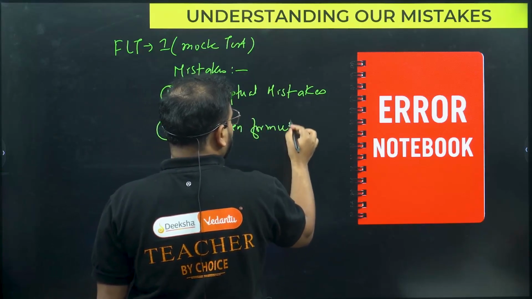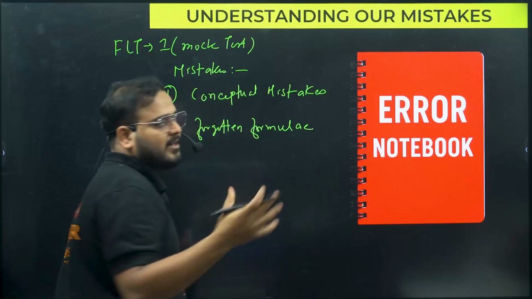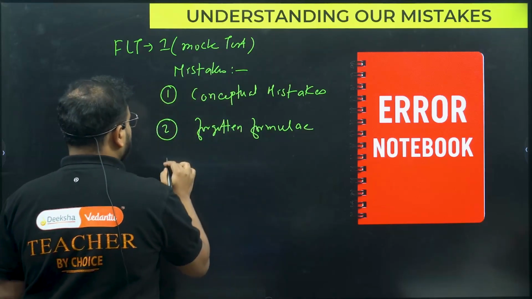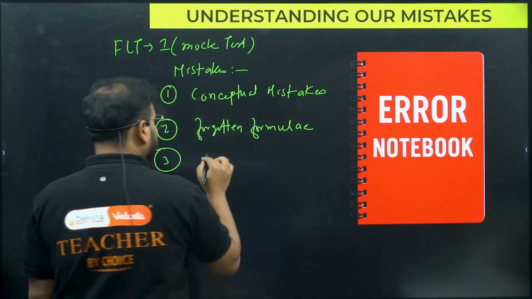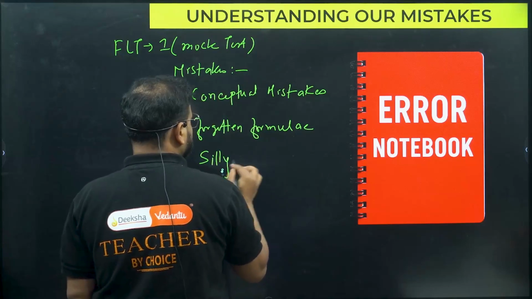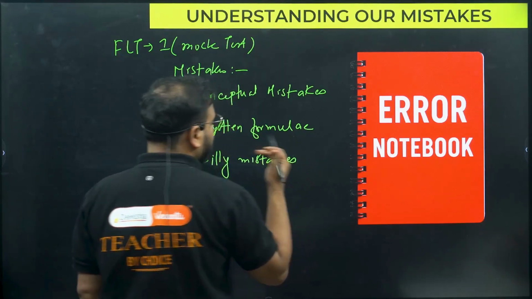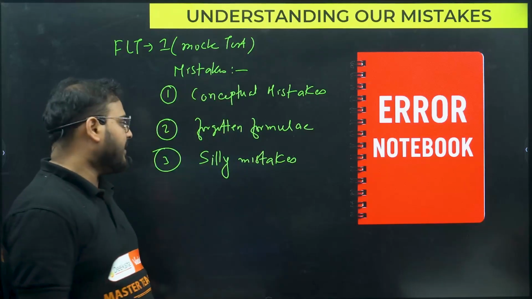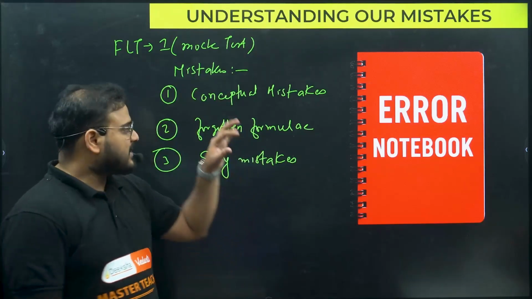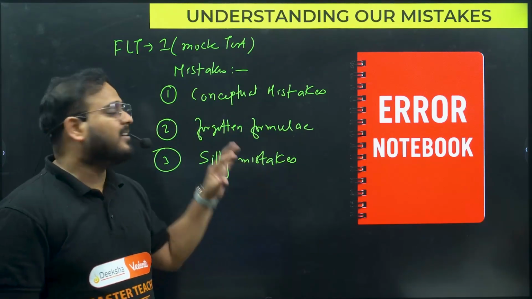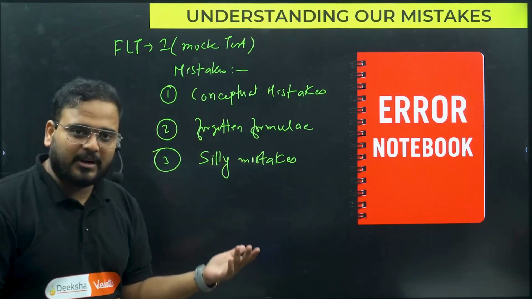Means you know the formulas, but at that time you're not able to recall them. And the last one, which is the most deadly one, is silly mistakes. I know all of you go through this last step, it happens to all of us on multiple occasions. I'm going to help you understand and work on this. Even in this short time that you have, you can do that.